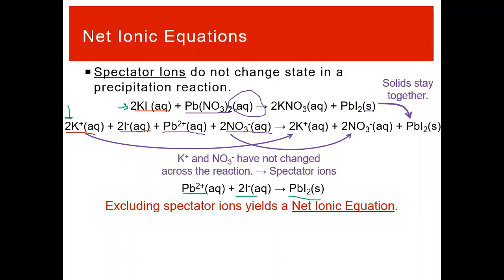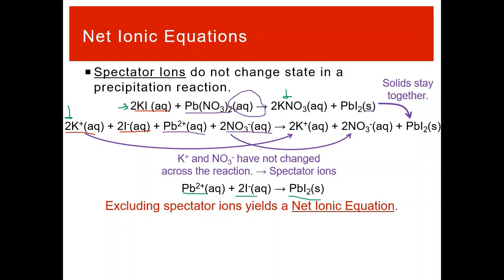Now, the net ionic equation is meant to focus in on what the change is. Overall reactions, like this top line up here, are still very useful. It tells you what you actually did. You actually mixed a solution of potassium iodide and lead 2 nitrate, and then you got the solid lead 2 iodide, and you still have a solution of potassium nitrate. It's important to note that the net ionic just shows where the change is.